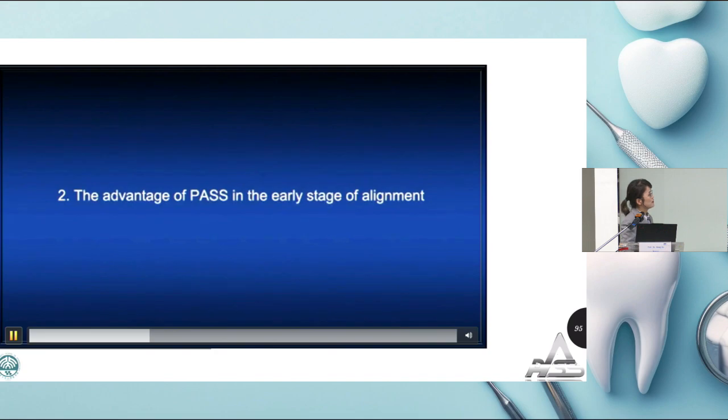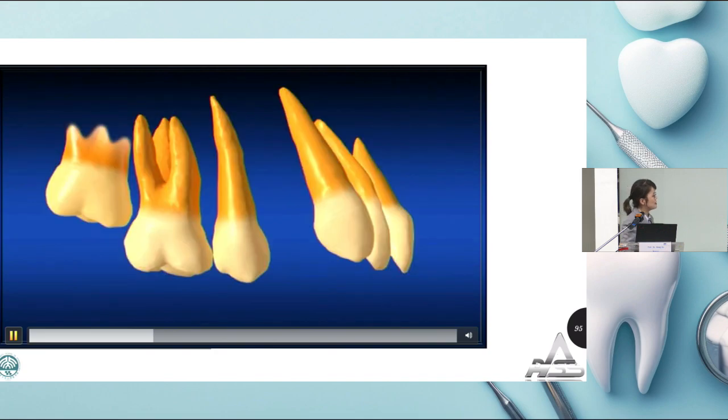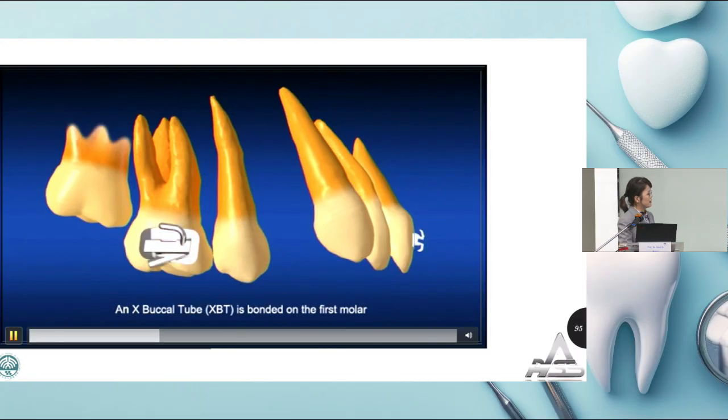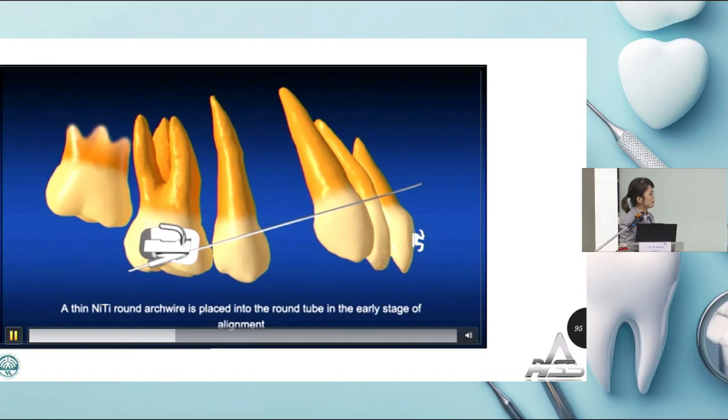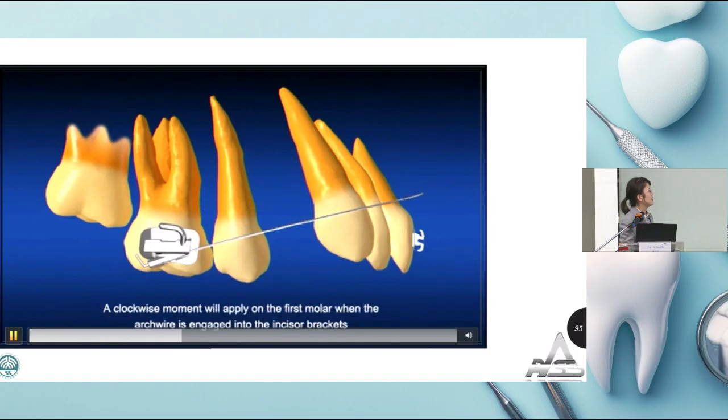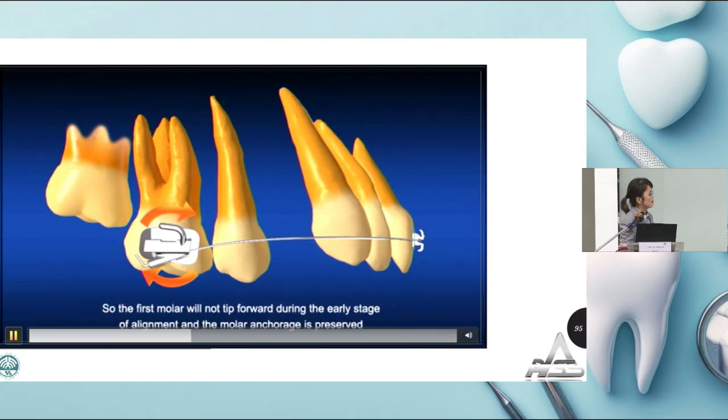The advantage of PASS in the early stage of alignment: we bond the XBT, the round tube with minus 25 degrees, and the NiTi wire is placed gingivally in the anterior segment. Then the molar is under a backward tipping moment.